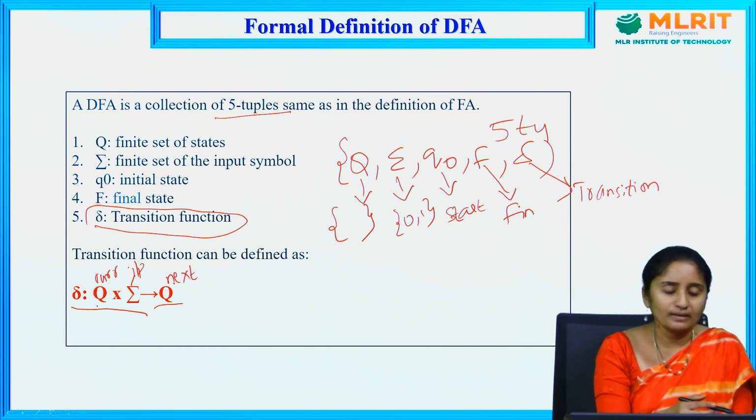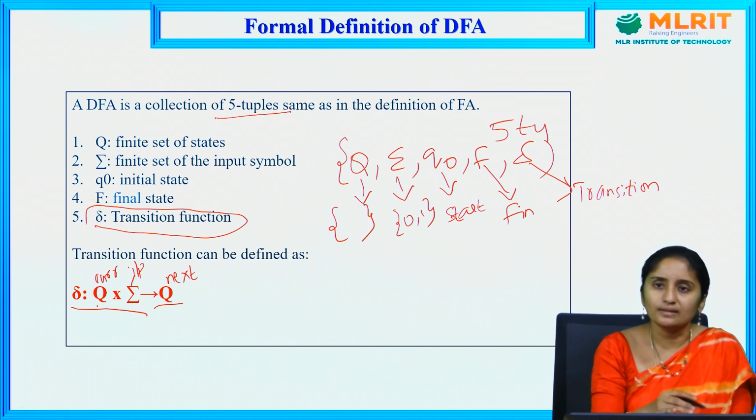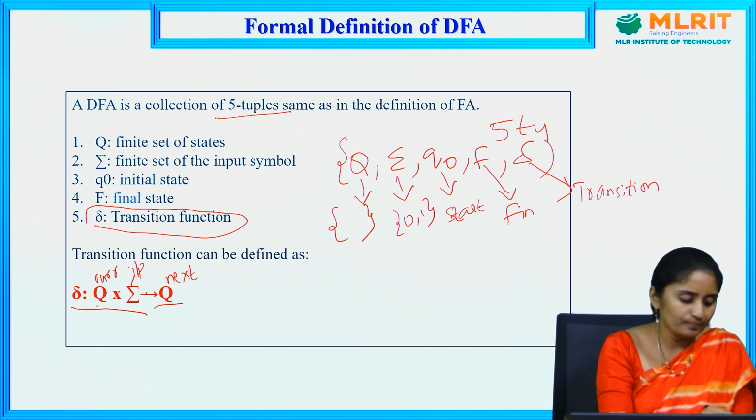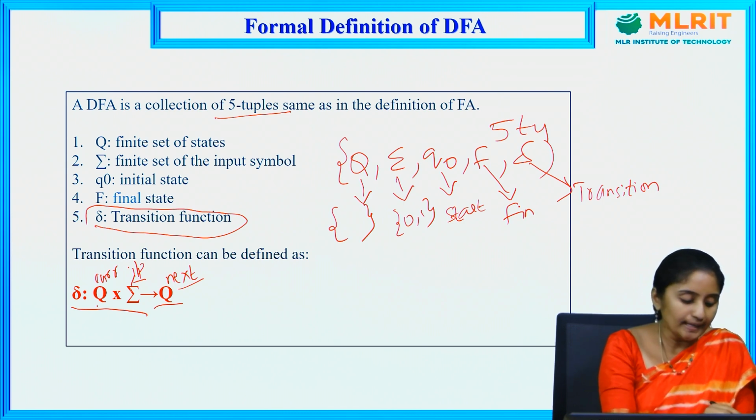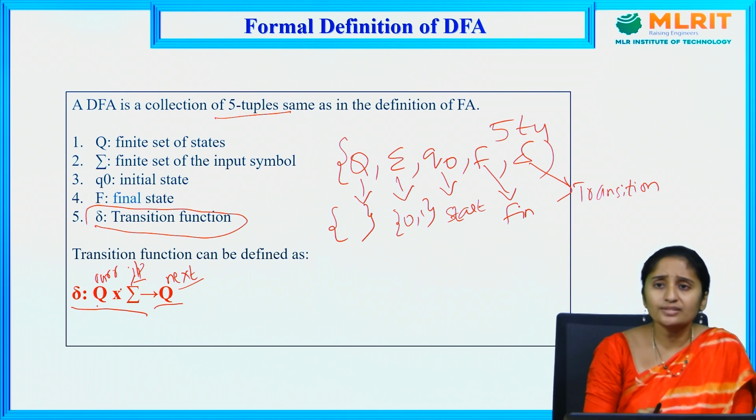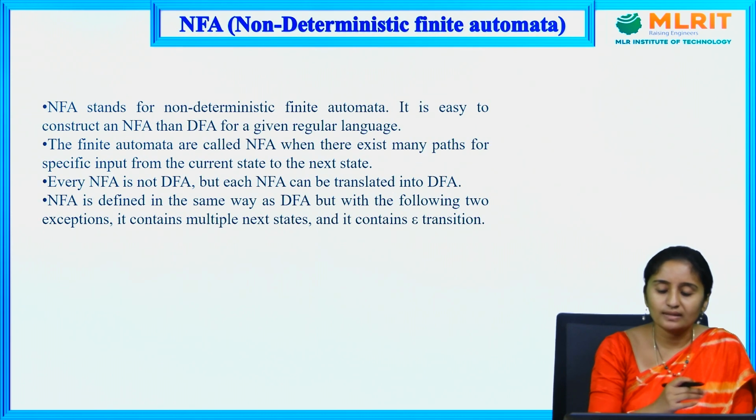No, it is not like that. The next state is nothing but the same state or another state. Any state, it can move. So current state cross input, it is moving to the next state. These are the 5 tuples we are going to have. The main point in DFA is that for each input, some transition should be there, and only once. That is the DFA.